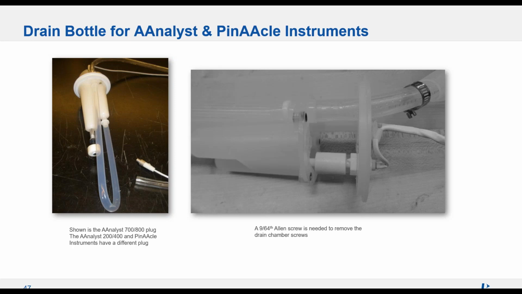Now, another item: what can happen with the drain tubing is that sometimes the liner can separate from the main tubing. So we now offer different tubing from the top of the drain bottle to the burner chamber.